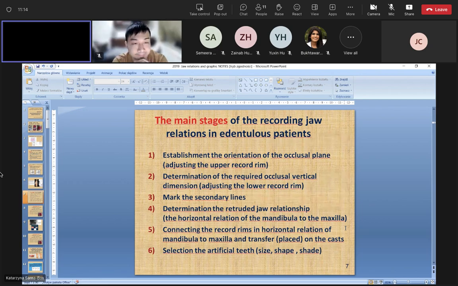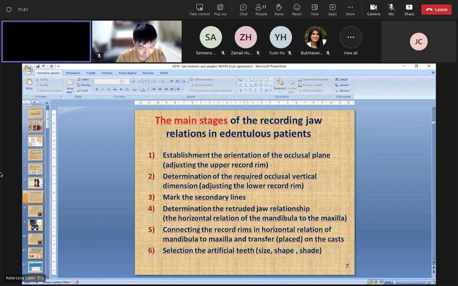So here you have, in order, the main stages of recording jaw relation in an edentulous patient. The first stage is called establishment of the orientation of the occlusal plane. During this stage, we adjust only the upper record rim. Later, I will explain in detail, step by step, those stages.